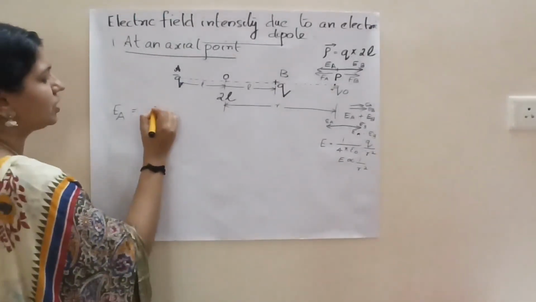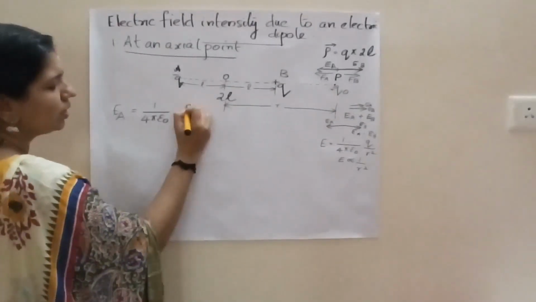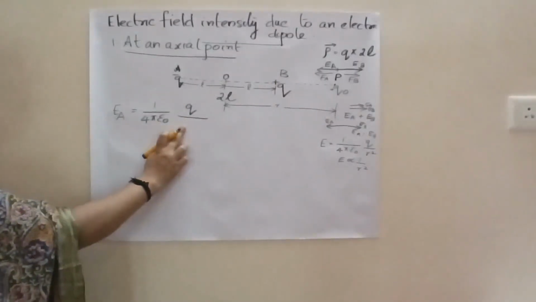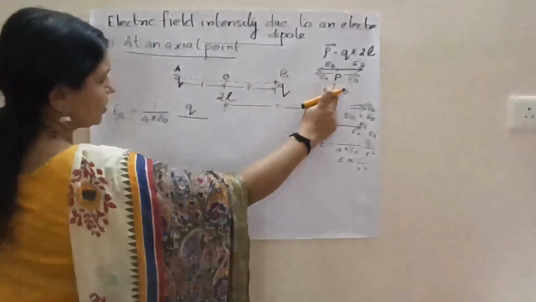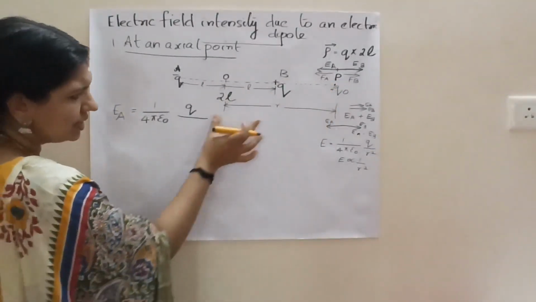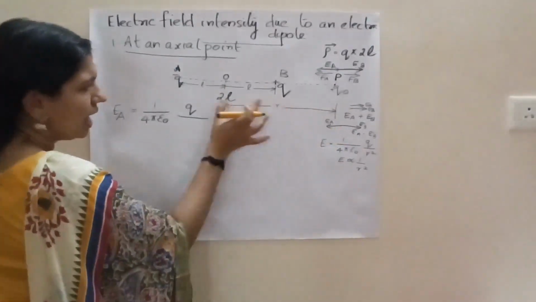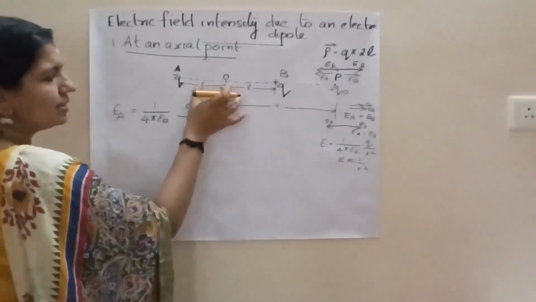So what is the equation? 1 by 4 pi epsilon naught Q by, what is the distance? I have to find the distance from this A to this P. This is the distance R, and this distance is L.